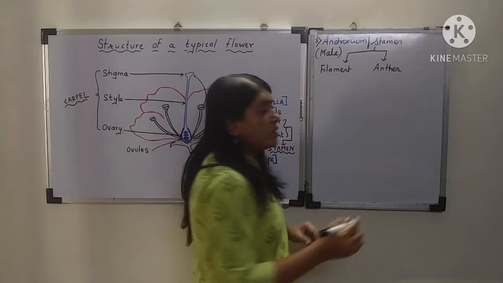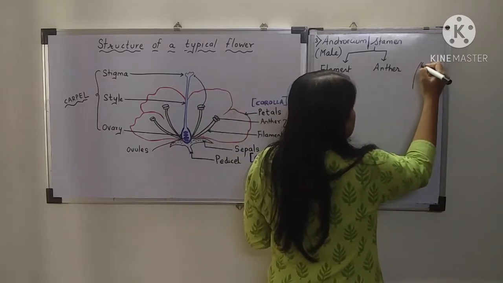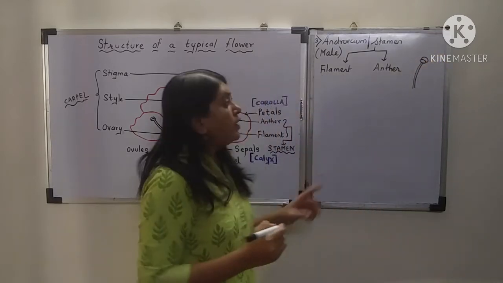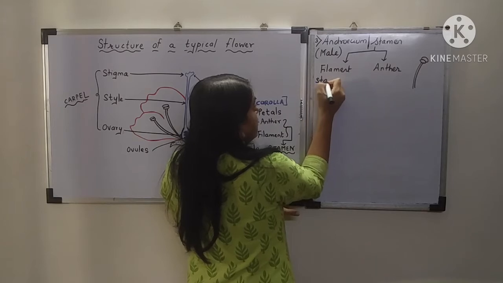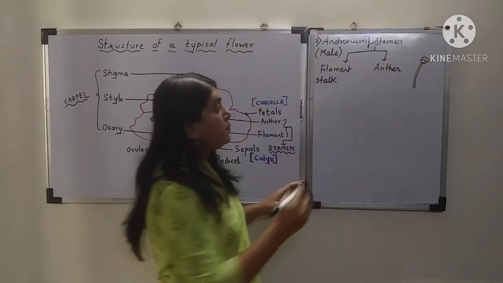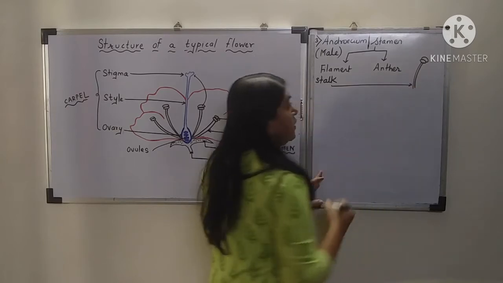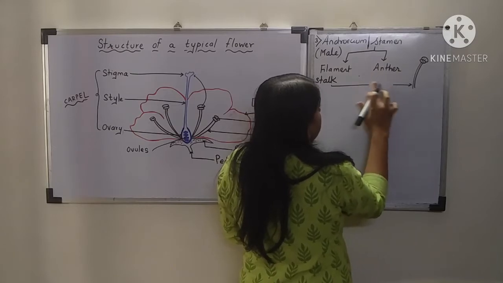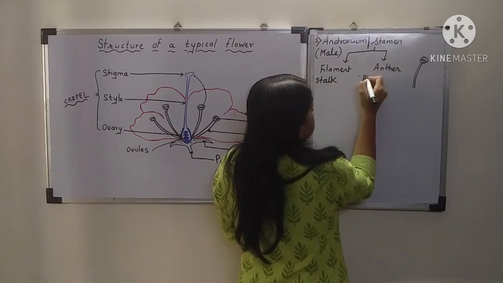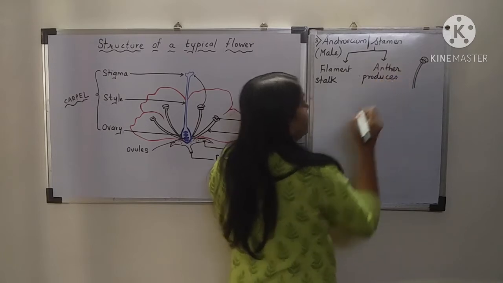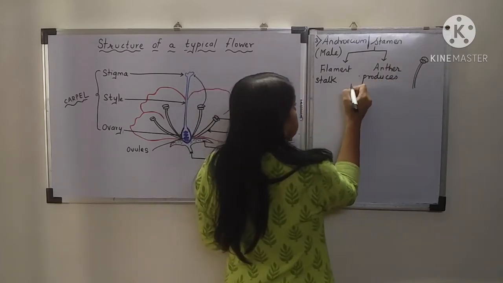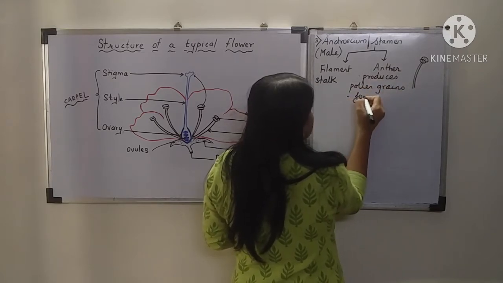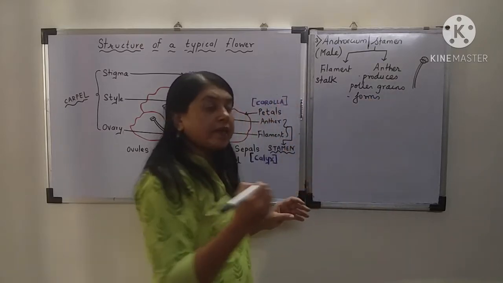If you want, you can show a small diagram here of filament and anther. Filament is the stalk of the stamen, that means this part we are showing, and the anther contains pollen grains. So we can write here, anther produces pollen grains which form the male gametes.